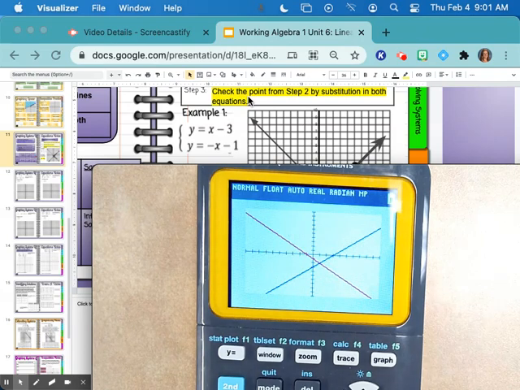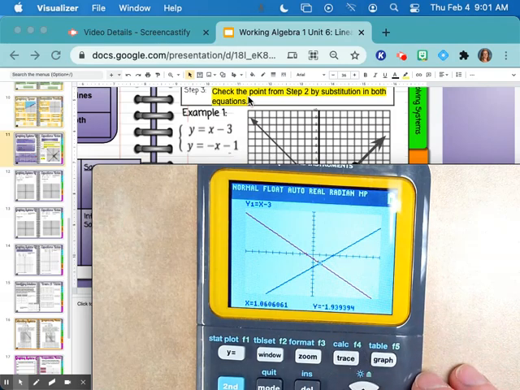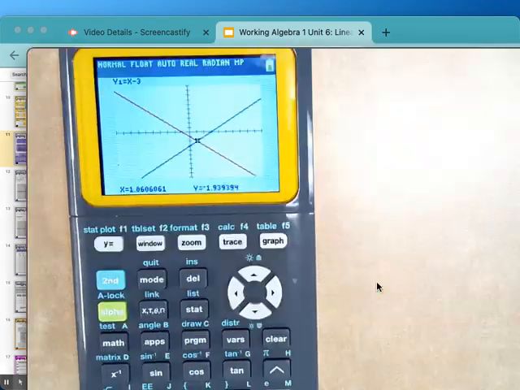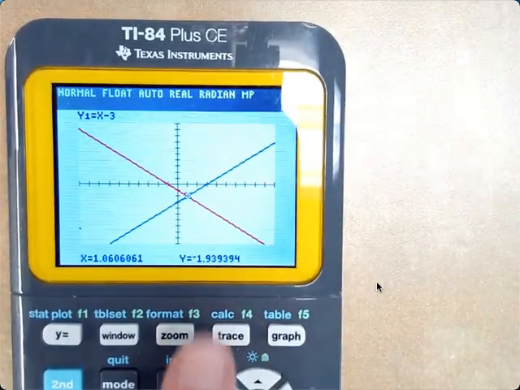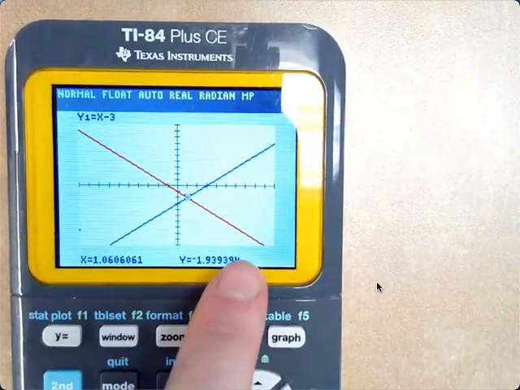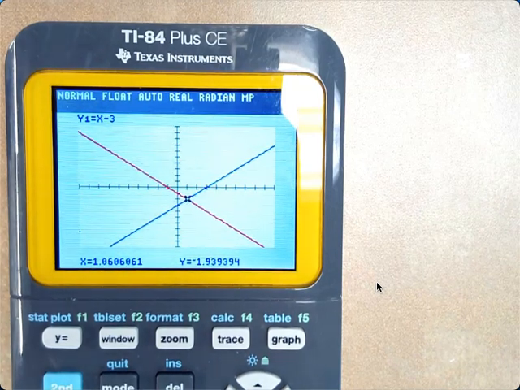Okay, I want you to hit trace. If you hit trace, you can go along and estimate your intersection point. That would round to 1 and -2, right? But we can get our calculator to actually give us the exact, okay?